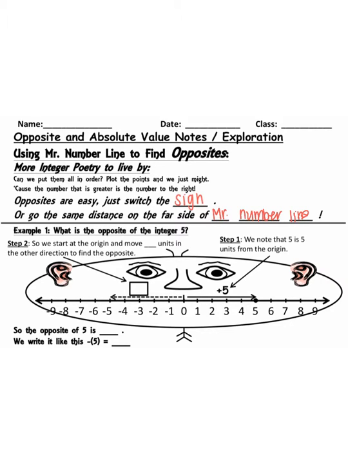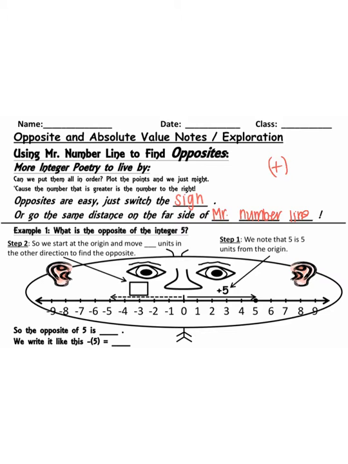And vice versa. The opposite of a negative number is going to be that same number but with no negative sign in front of it. Now sometimes people do put the plus sign just to indicate that something is positive. You do not need to do that. It is assumed that if a number is standing on its own, it is positive. It is only negative if it includes the negative sign.